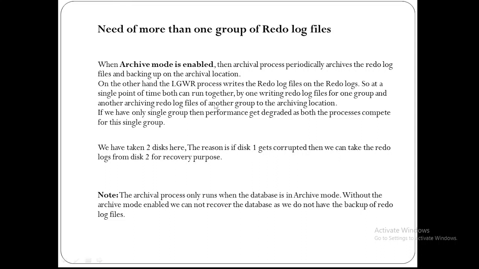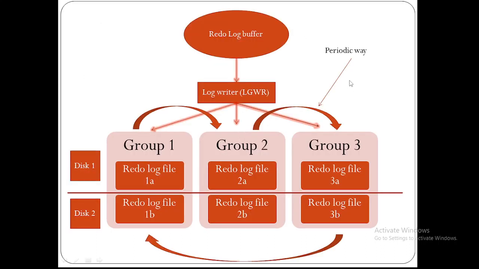So when archive mode is enabled, the archival process periodically archives the redo log files, backing them up to the archival location. The log writer writes periodically, and one archival process archives the files from this group to another archival location. I'll show you in my lab how we check that.